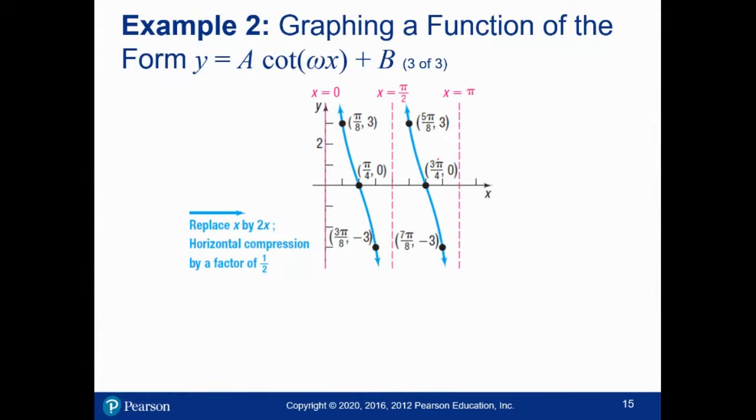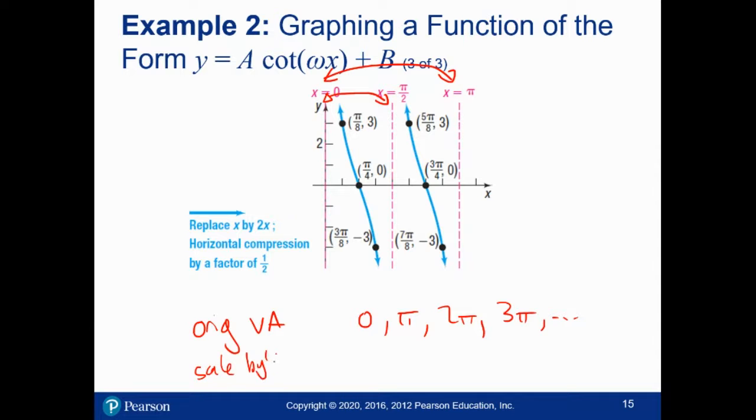And then what did we have to do? We had to do a horizontal compression. Now that does start changing things. The original period was all the way from 0 to pi, but now that it's been scaled by a factor of 1/2, I have a vertical asymptote at pi/2. So my original vertical asymptotes were 0, pi, 2 pi, 3 pi, and so forth. But now I scale by 1/2, and my new vertical asymptotes are 0, pi/2, pi, 3 pi/2, and so forth.